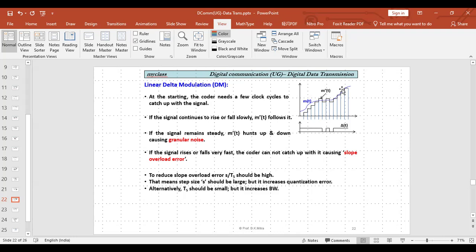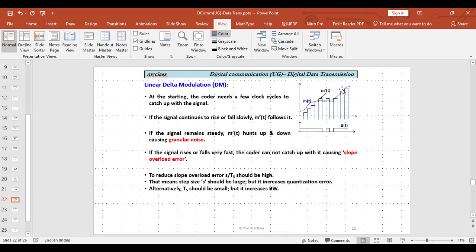But suppose after a good design also the signal may suddenly rise faster. In that case, there is an error which is called slope overload error. And there one of you asked a question: sir, why don't we increase the step size? Instead of 1 millivolt, we make 2 millivolt.